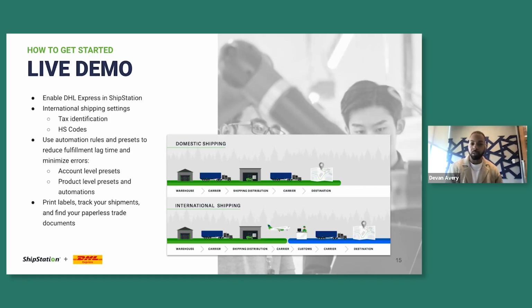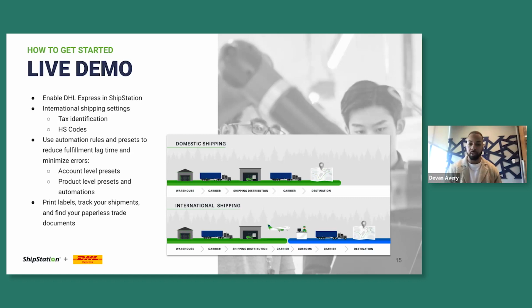Before we hop into the demo, I want to highlight this graphic in the middle of the page that shows the breakdown of the transit process between a domestic shipment and an international shipment. With a domestic shipment, it's pretty cut and dry, where the carrier picks up your package, takes it to their distribution center, and then takes it to its destination.